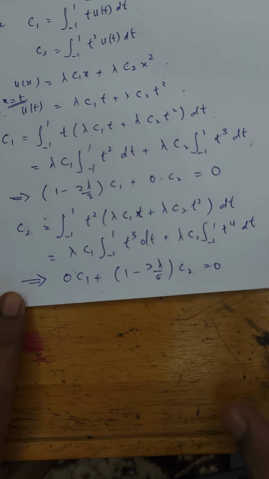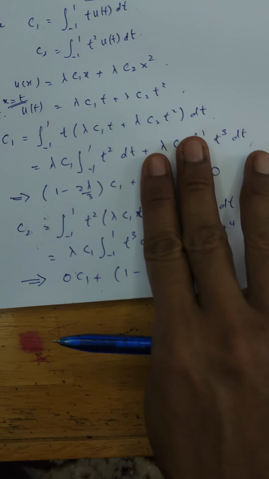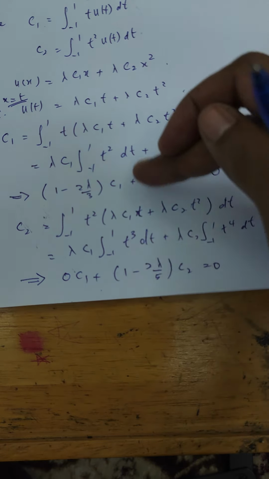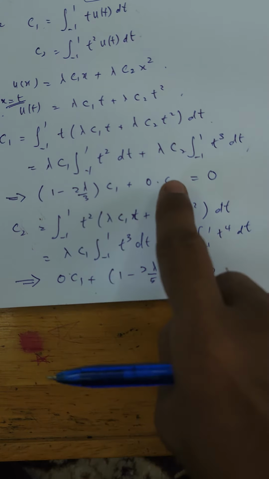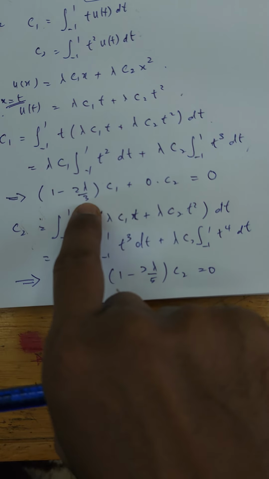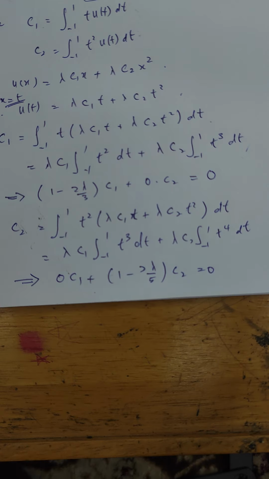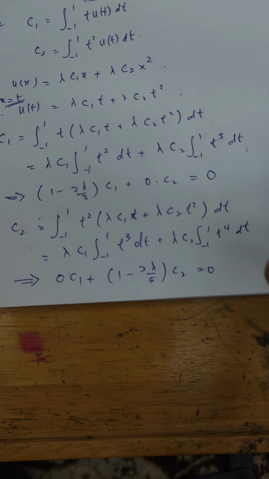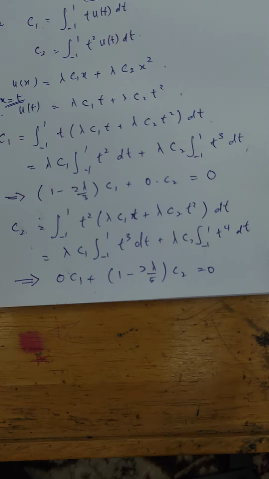Now bear in mind that even though you have that, do not find the lambda straight away, because you need to find lambda from these two equations together. If you find it from just one, you only get one lambda, which is not quite right. Remember that in order to have a non-trivial solution, the determinant of these two equations is equal to 0.